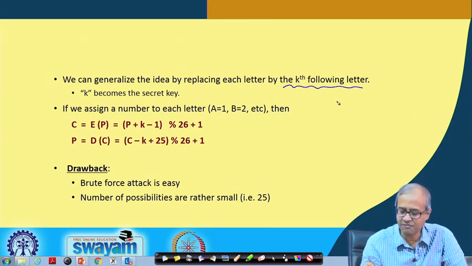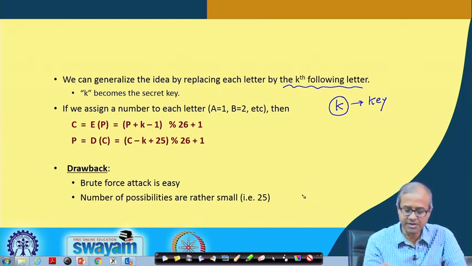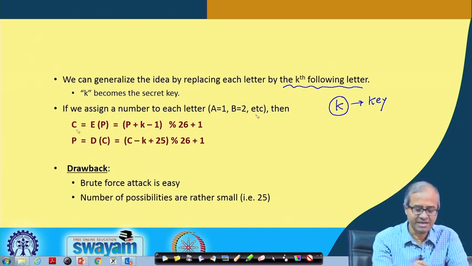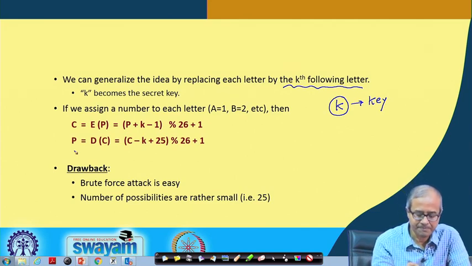So, now this value of k becomes our key.